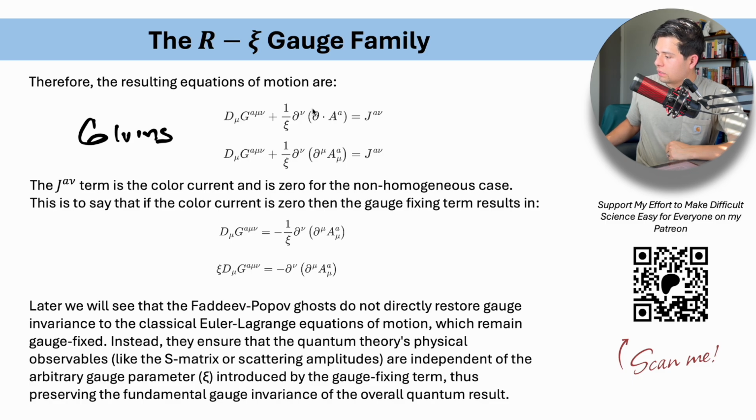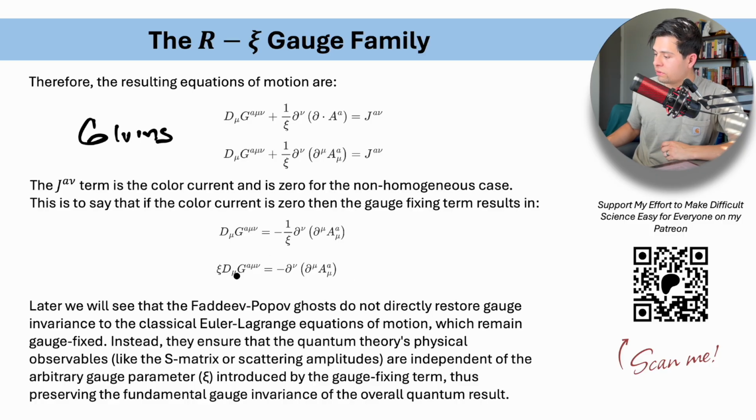And then the J terms, this is the color current, and is 0 for the non-homogeneous case. In other words, if there's no mixing between spin and color. And this is to say that if the color current is 0, then the gauge fixing term results in this. We can multiply both sides by chi, and we get this.